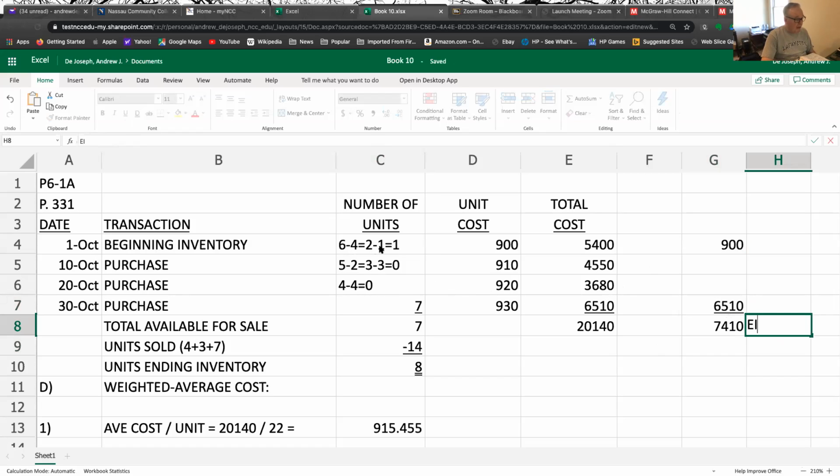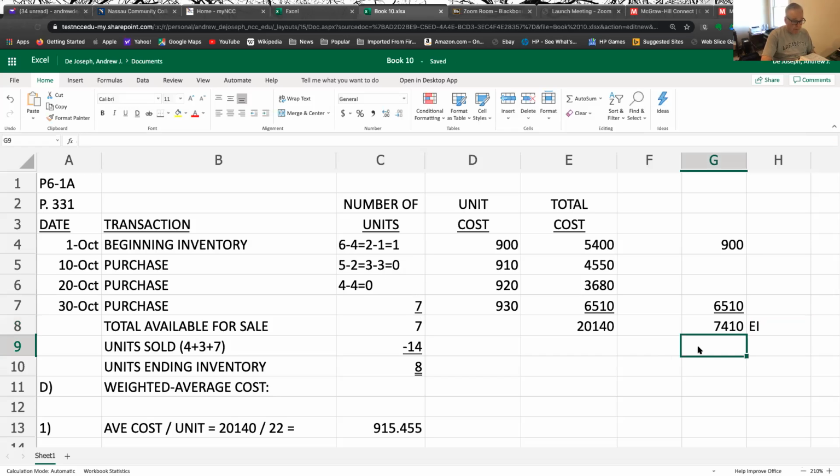You have to go back and you have to say, okay, of each sales transaction, how did it affect these layers? And the way it worked out, we sold all of these, we sold all of these, we wind up with 1 of these and 7 of these. That's where the 8 comes from. And then let me put this here, ending inventory, right, is 7410.